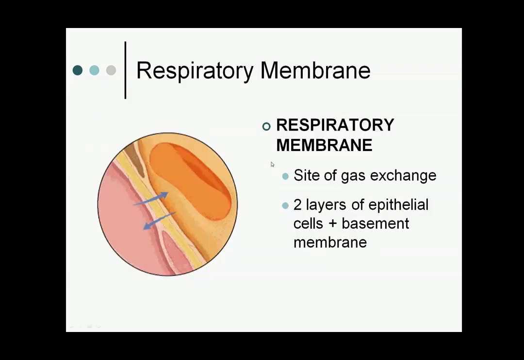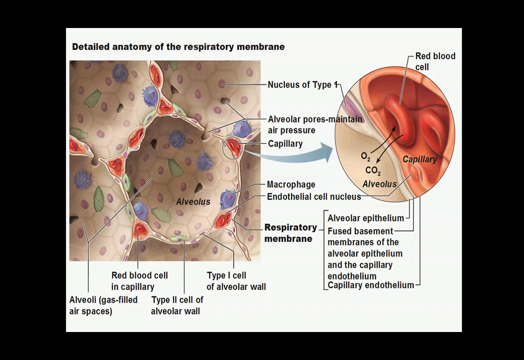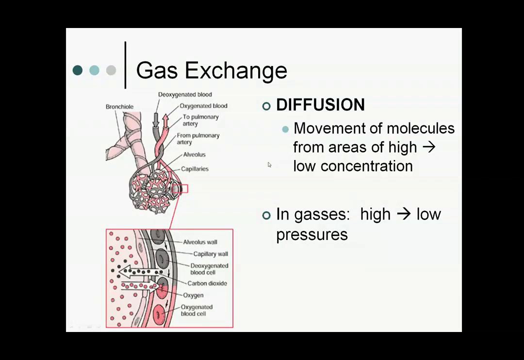Respiratory membrane, you kind of saw some of this anatomy on the WebQuest. I'm not going to go over too much of that, but here's a good diagram. There's a lot here, but again, it shows you the importance of the alveolus and its job in gas exchange with the capillary, which we've gone over in some detail on worksheets and animations.